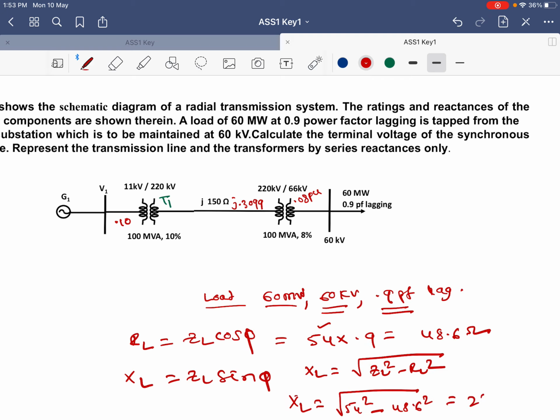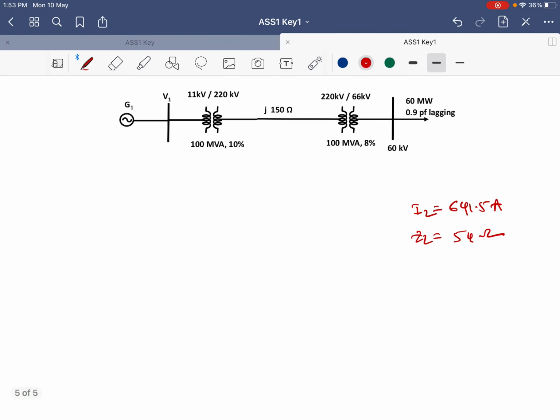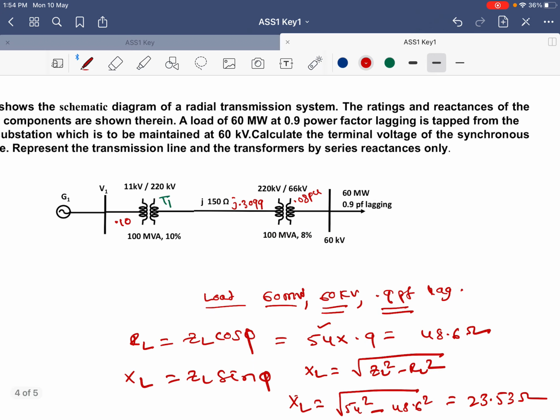Therefore, what I am getting is 23.53 ohm. Therefore, what I am getting here is RL is 48.6 ohm and XL is 23.53 ohm. These are the values I am getting here.